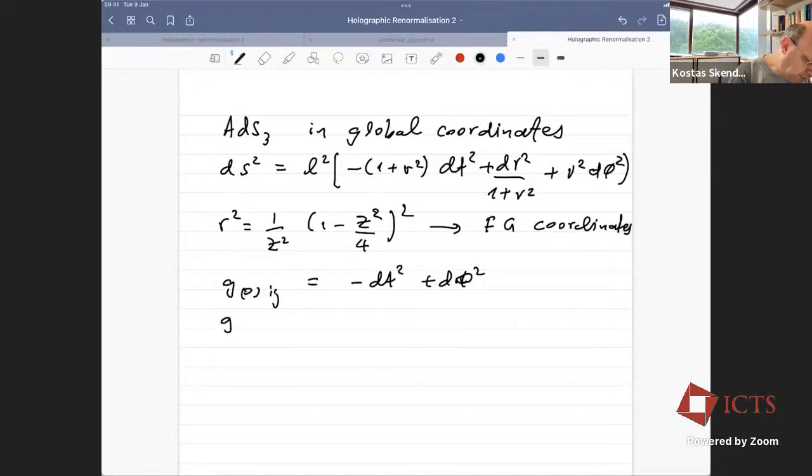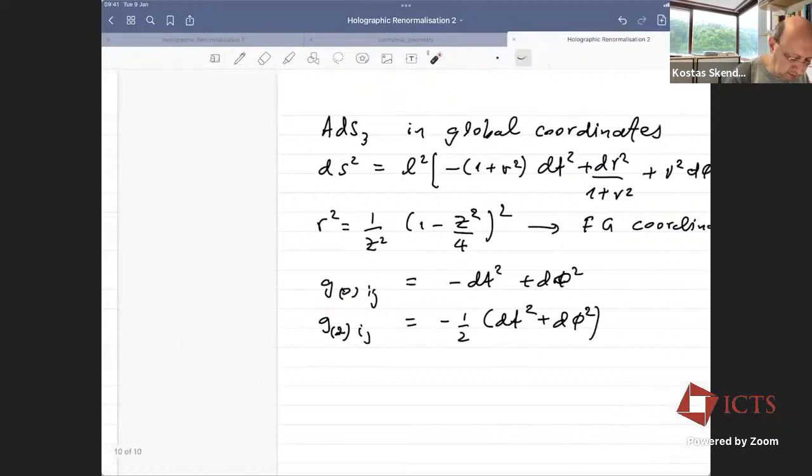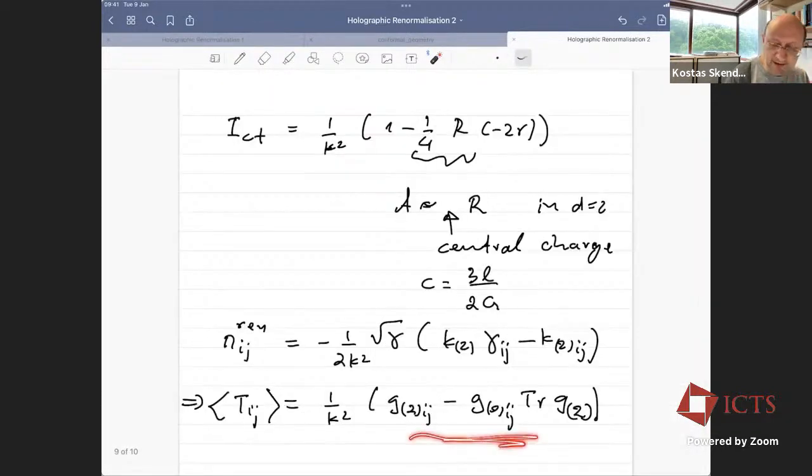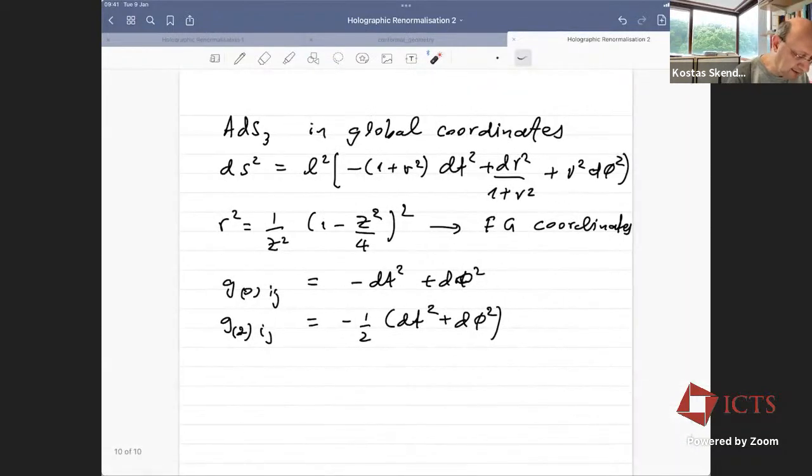And then G2, of course, now this is a completely explicit metric, so this means G2 is fully determined, and is given by this. So now we know G0 and G2, and then we can just plug them in here to get the energy momentum tensor and then calculate the energy.